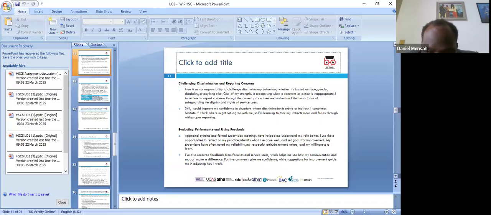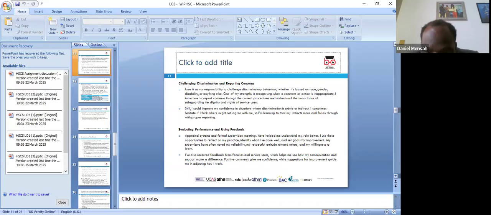My supervisors have often noted my reliability, my respectful attitude towards others, and my willingness to learn. I have always received feedback from families and service users, which helps me see how my communication and support may make a difference. Positive comments give confidence, while suggestions for improvement guide me in adjusting how I work.